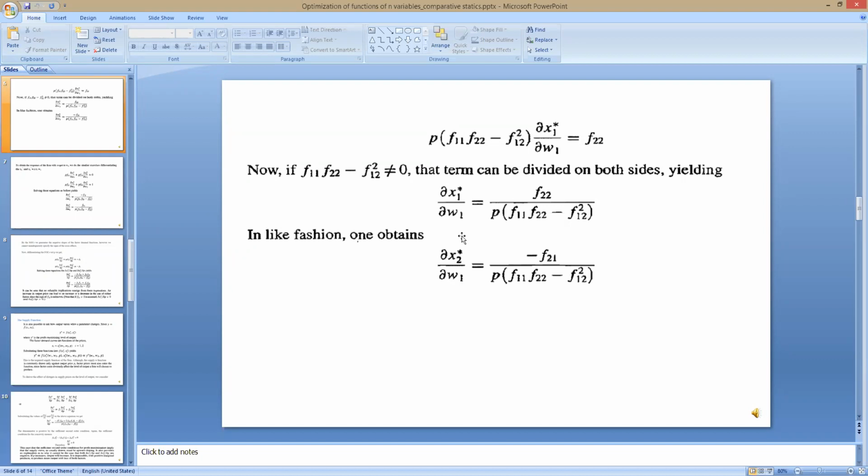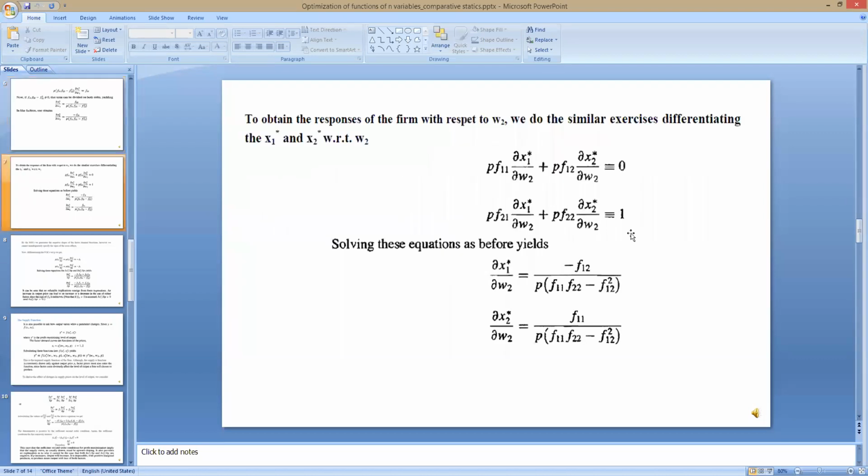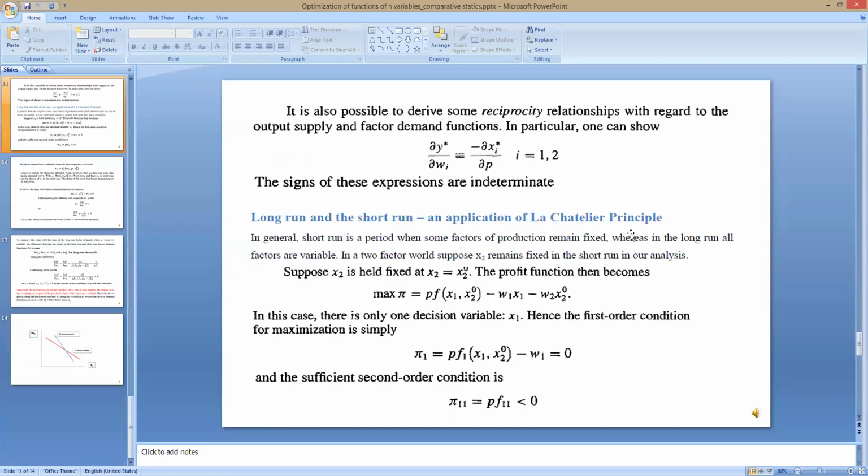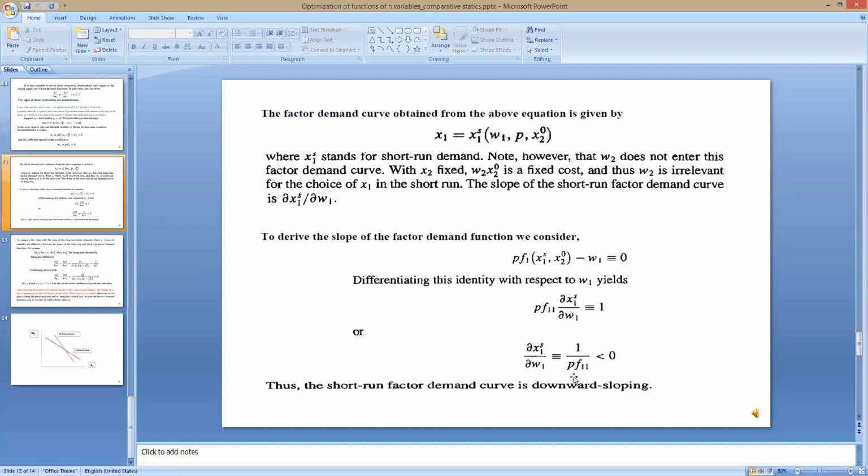Now, we are getting del X1 S by del W1, which is simply given by 1 by P F11. However, both the curves, the earlier one as well as this one, are negatively sloped.